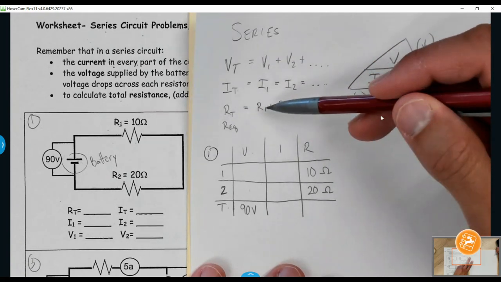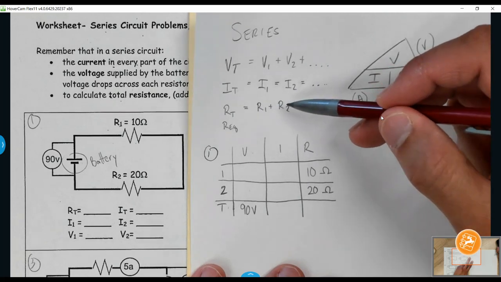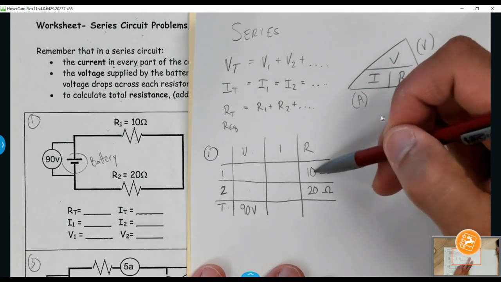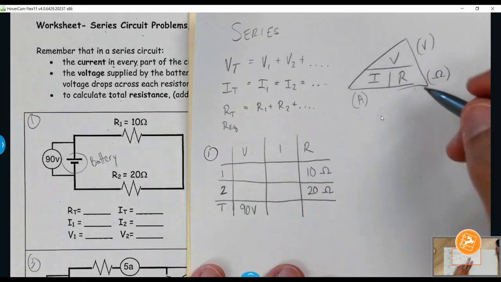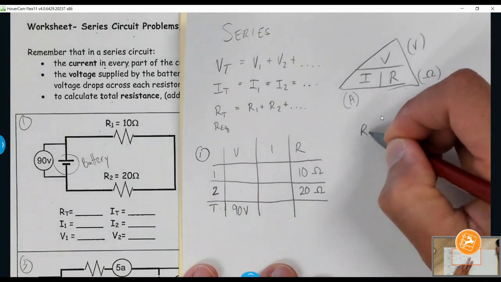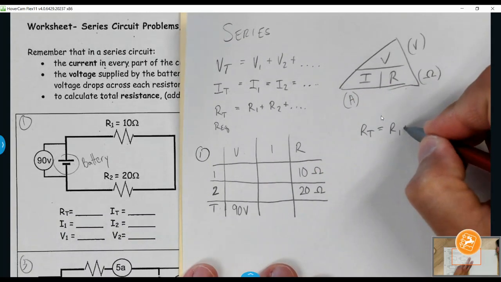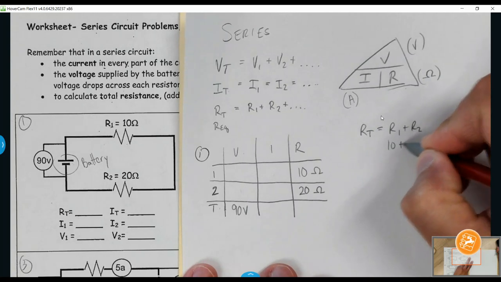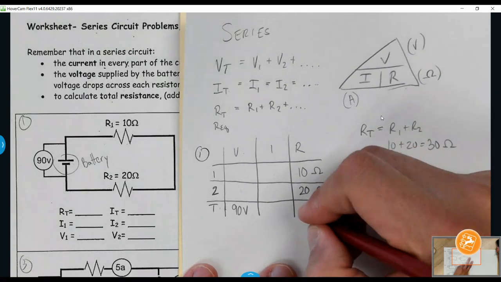So I'm going to use RT, which will be R1 plus R2. So that's super simple. I'm not really needing to do the math, I'm just going to show it anyway. So 30 ohms.